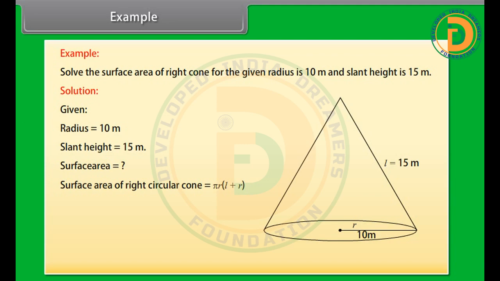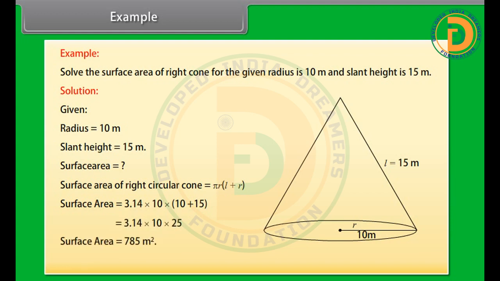Therefore, by substituting the values we get, surface area is equal to 3.14 into 10 into 10 plus 15. By solving this, we get surface area as 785 square meter. Therefore, the surface area of the right cone is 785 square meter.